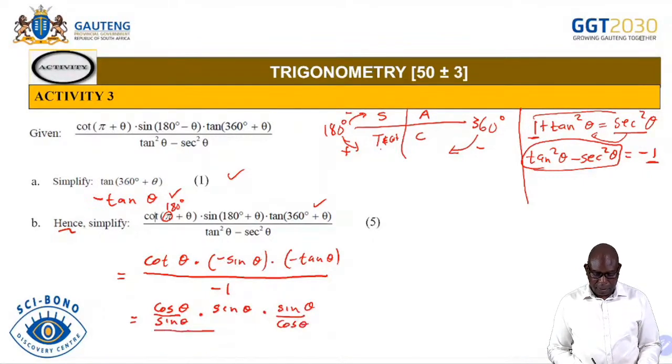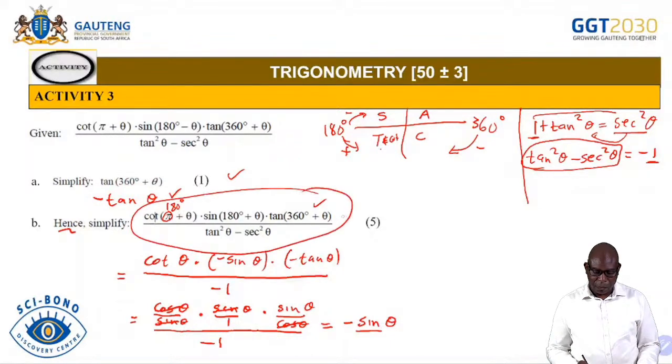Remember, everything there is over negative 1, so this is over 1. The sine and the sine will cancel out, the cos and the cos will cancel out. The answer left there will be 1 times sine of theta. Divide by negative 1, and my answer will be negative sine of theta. We have reduced it to that simple answer. That is why the question was simplify.